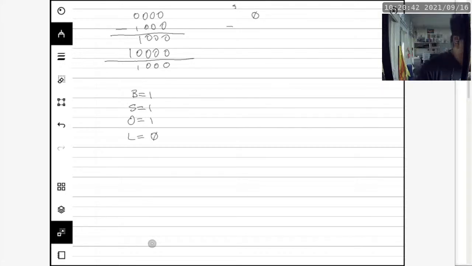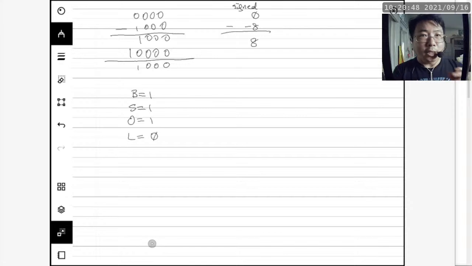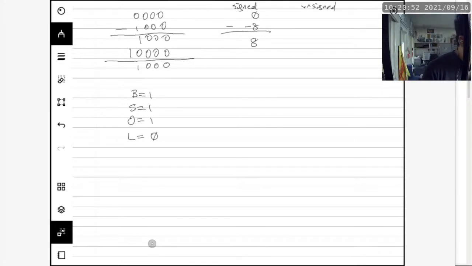So let's deal with signed here. The end result should be an 8. And then for the unsigned case, 8 is representing just 8. So 0 minus 8 is supposed to be 8, but with a borrow.